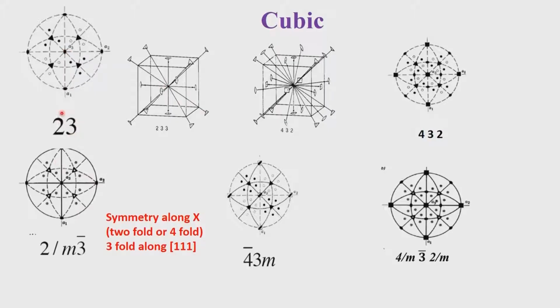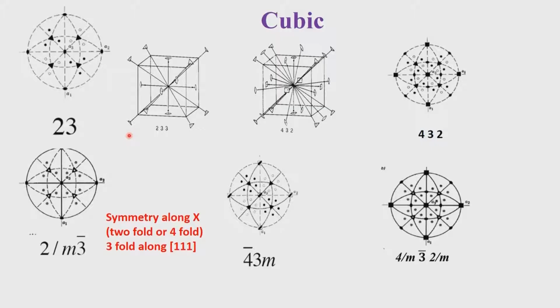So, the representation here is 2 3, of course, obviously the third axis is also a three-fold axis, which is not necessarily written here. So, suppose you come across a point group which is 3 2 and a corresponding point group 2 3, it is now easily discernible.